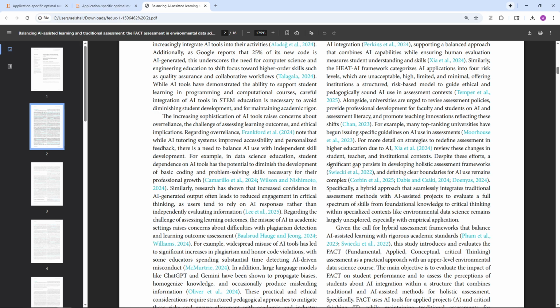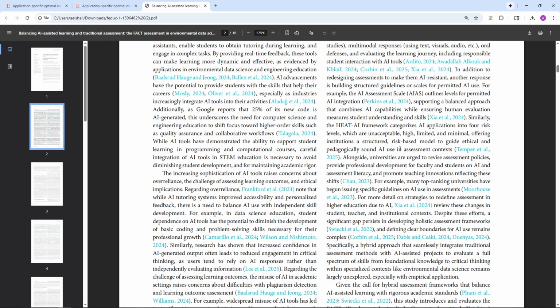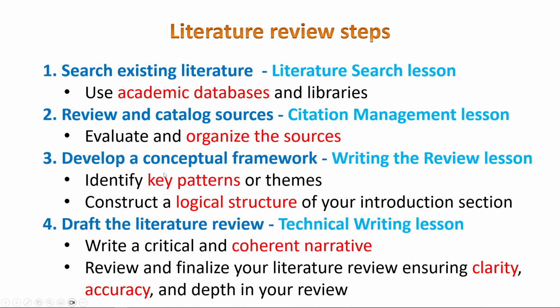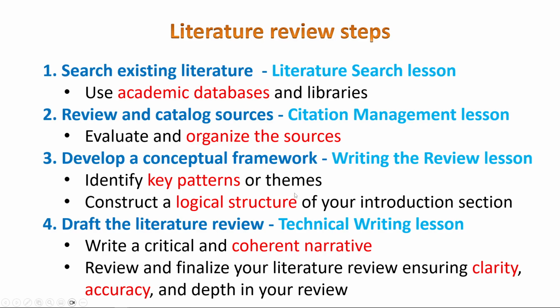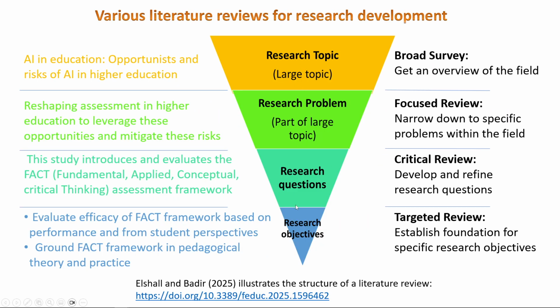These are key patterns. What are existing methods that people have introduced to incorporate AI in higher education? These are key patterns. So how to identify a key pattern and construct a logical structure for your introduction. This logical structure starts from the large topic, to part of the large topic, to research question, to research objective. So you'll have one more lesson to practice this in more detail.